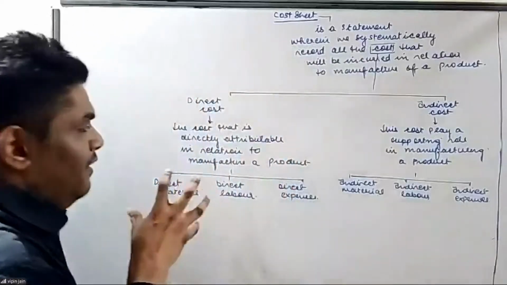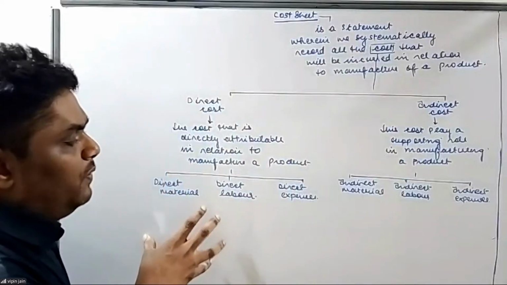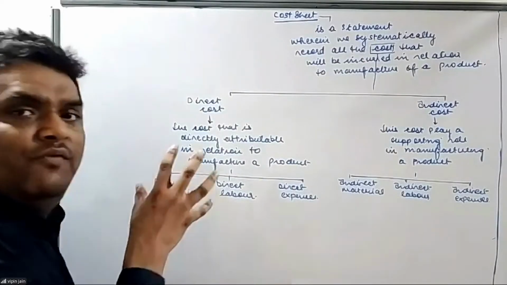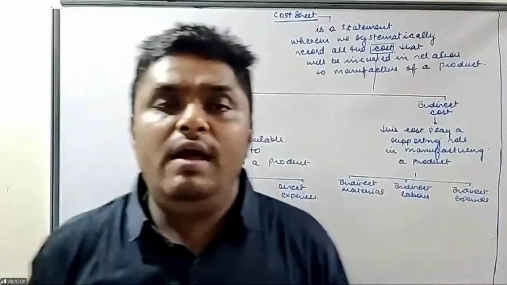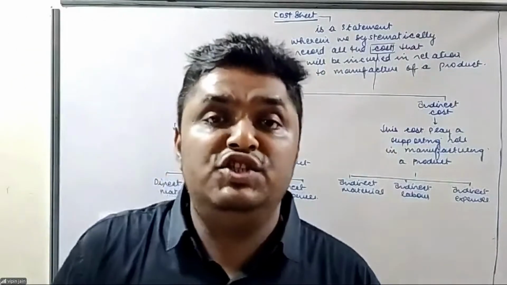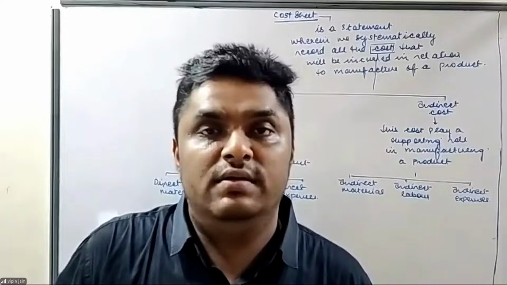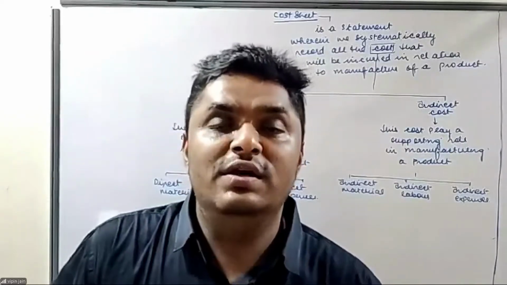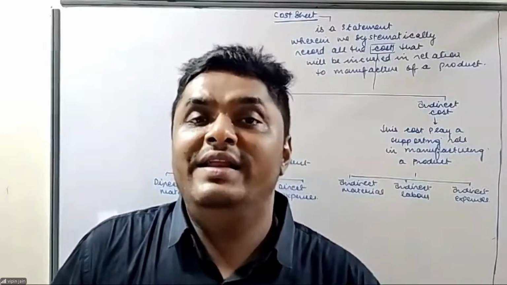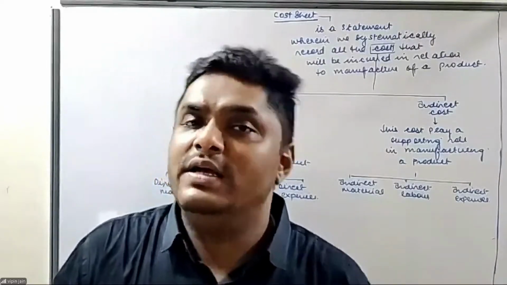So here, for the final output, my shirt, my direct material will be what? Fabric, button, and thread. Now let's say these shirts are stitched on machines. And for the smooth functioning of the machine, I use lubricating oil, grease, or we can say other consumables.